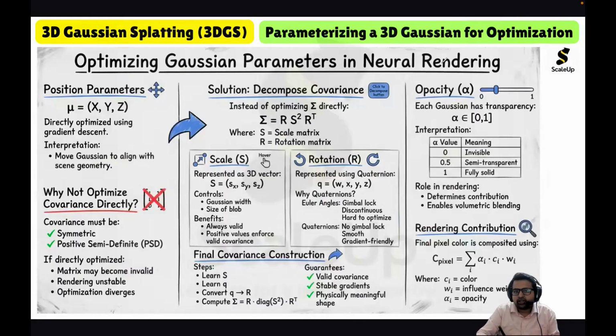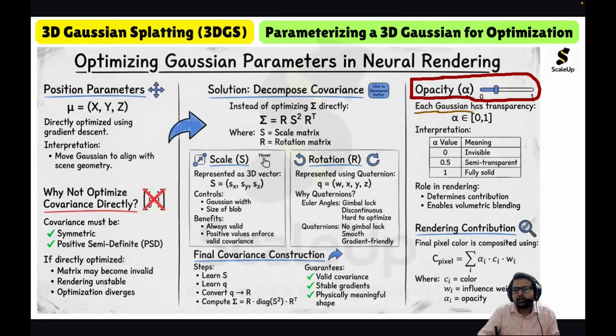Okay, now we'll discuss optimizing the opacity. First let us understand opacity more clearly, then we will understand the meaning of optimizing opacity.